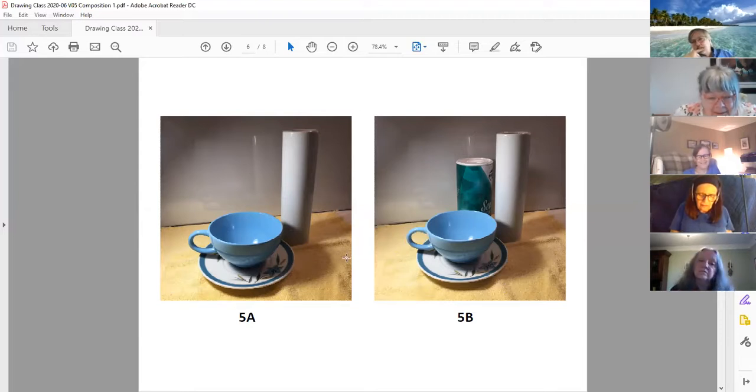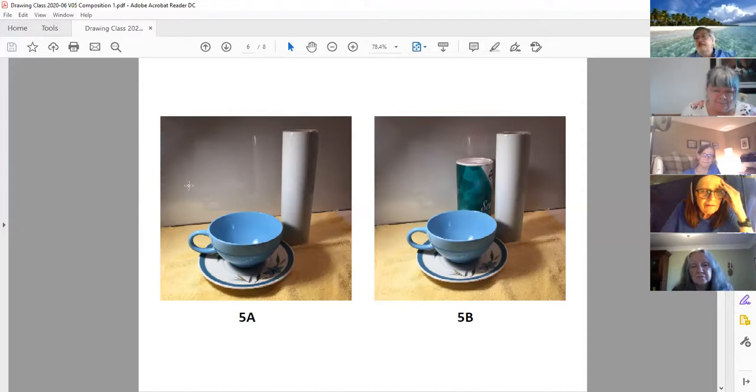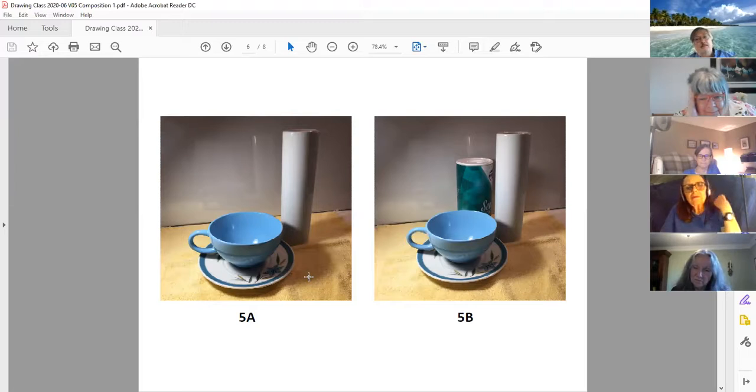Well, in terms of composition, this straw that you see here in the background, Kevin, is actually the reflection of this. This is a vase, and the background is covered with plastic, so that's why it reflects back here. And in terms of 5A, the rule of having an odd number of elements in still life is true.